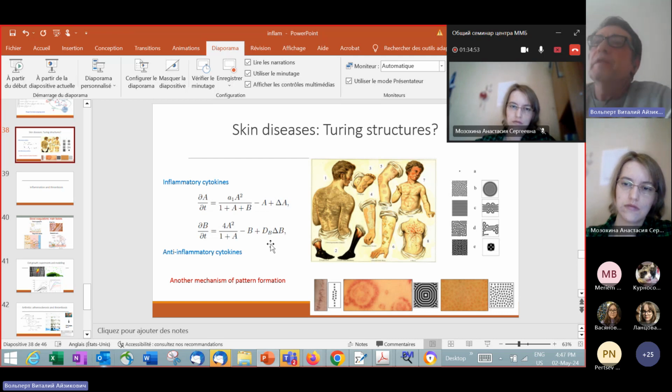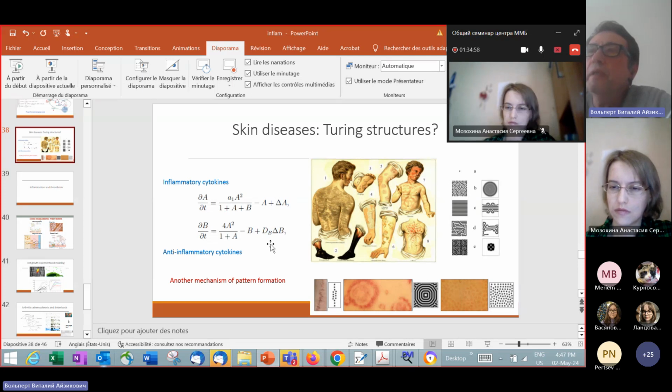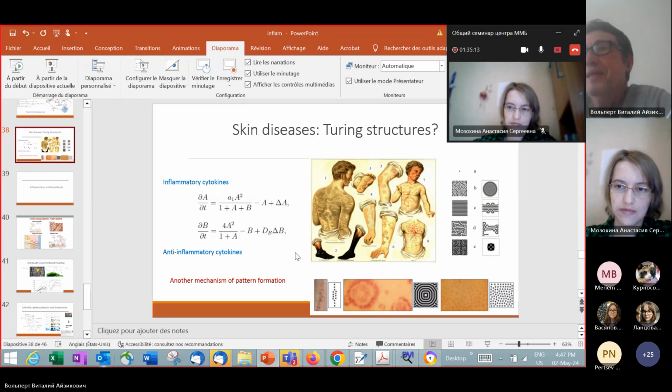So they should be different. It depends on parameters. Then the question is how to justify this biologically. If we consider inflammatory and anti-inflammatory cytokines, do they diffuse in the same way or in a different way? When we did this work, I tried to show that the diffusion coefficient can be different. Why?